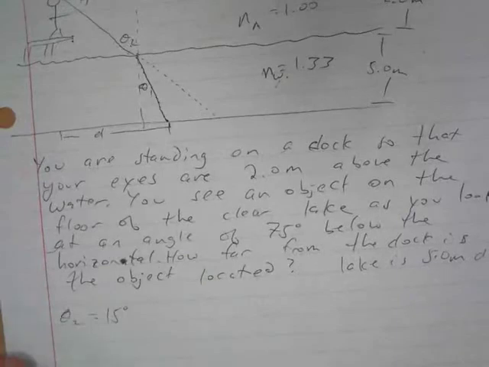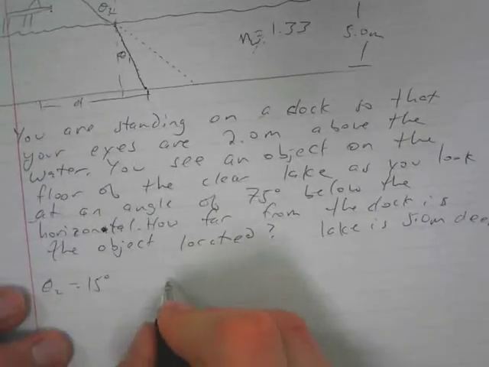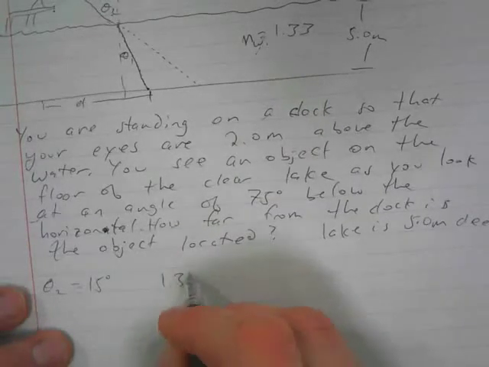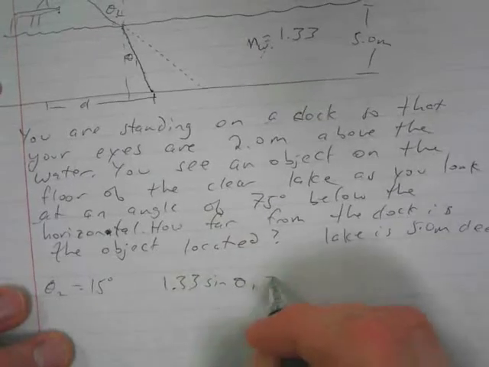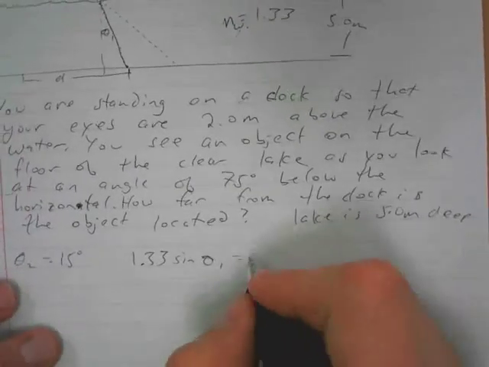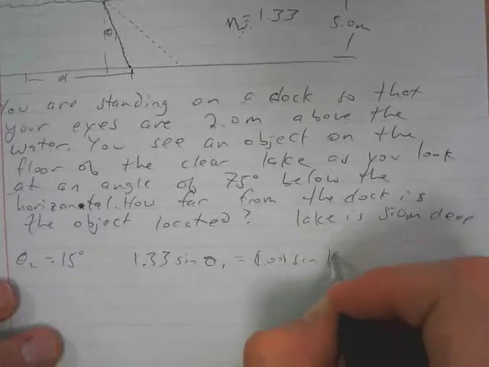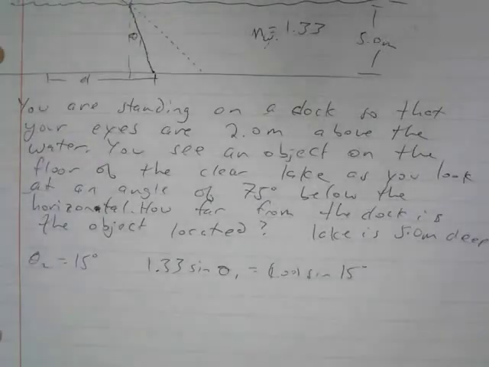Then we can use Snell's law to figure out theta 1. We know n1, which I've said for air is 1. n1 sine theta 1 equals n2 sine theta 2. And so we can figure out what that angle is for water.